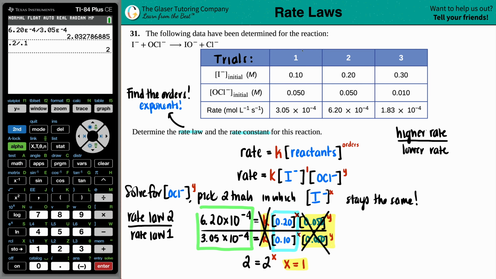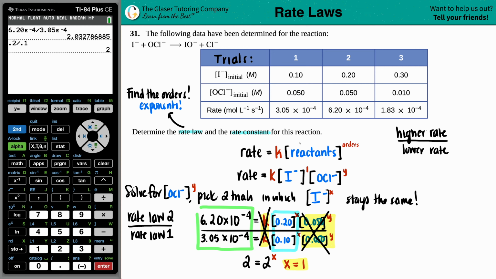In this case, when they do not give you 2 trials that are the same, you might see that. If the question is being kind, they will give you 2 that are the same for one reactant and maybe 2 that are the same in another reactant. But if they throw you a curveball like this, that's okay, because we just found out the X value.